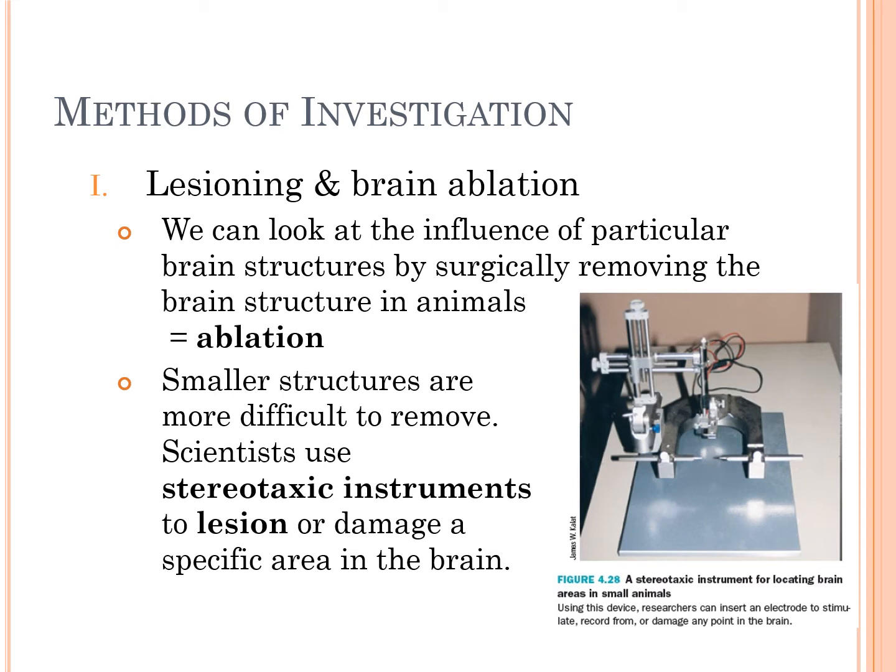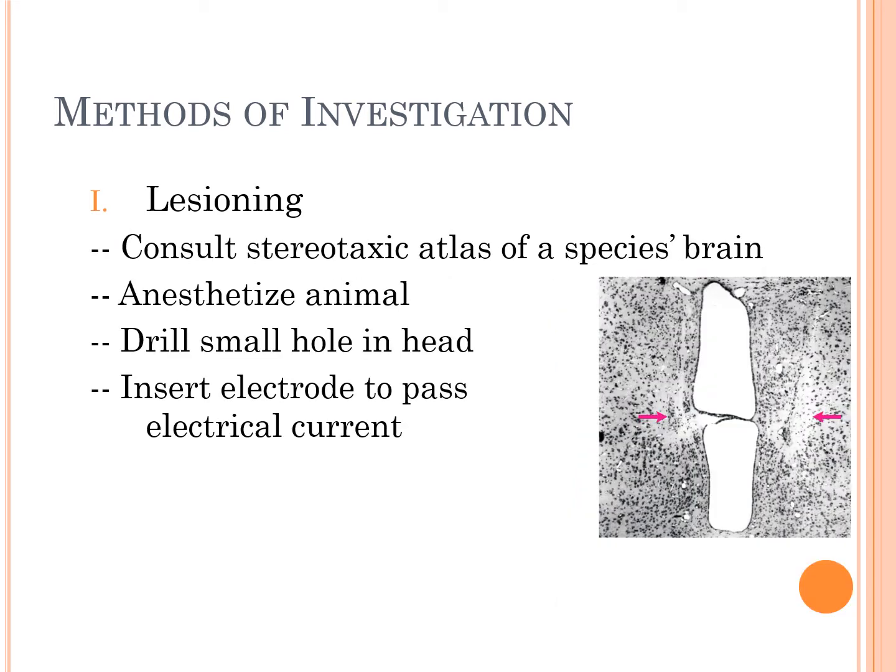Also with the amygdala, they learn the role of little tiny areas of the amygdala in something like aggression by using stereotaxic instruments to lesion or damage a specific area of the brain. You can see the stereotaxic instrument there. You put the animal in there, keep the head very still, and then we get a brain map. I'm actually going to go through this in the next slide, so I'll just move along.